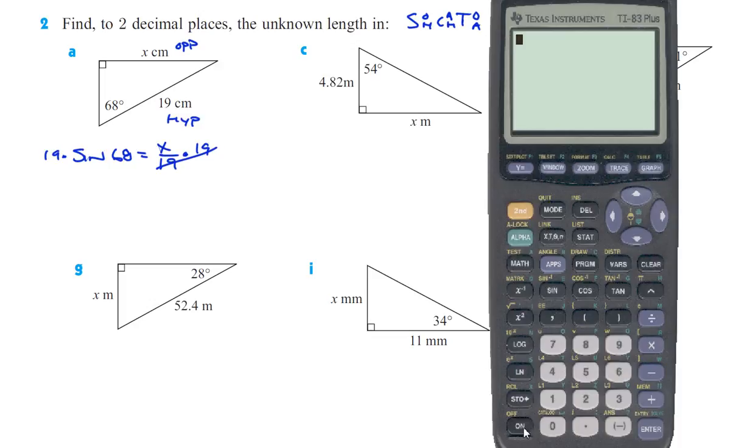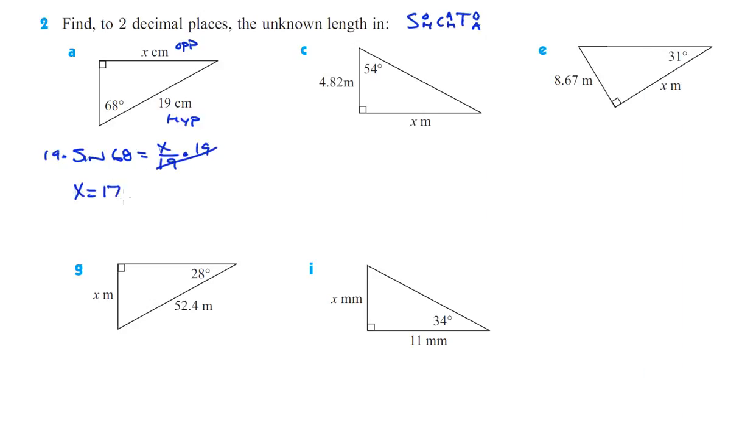Bring out my calculator, 19 sine of 68, and to two decimal places we get 17.62. So x equals 17.62 centimeters for that first one.